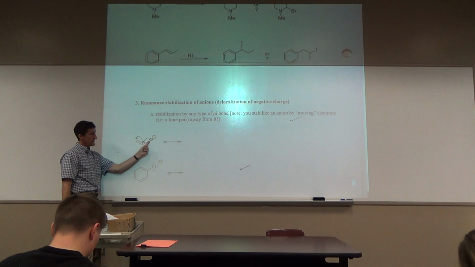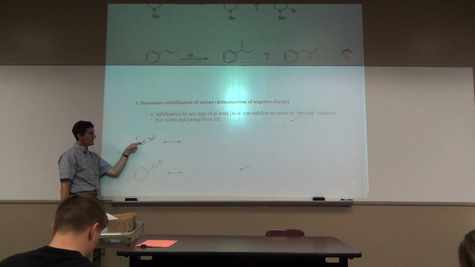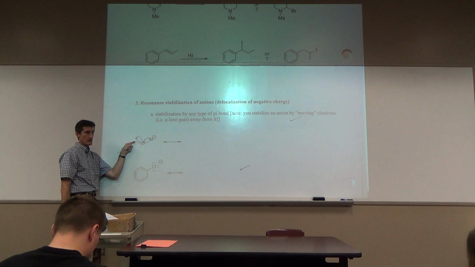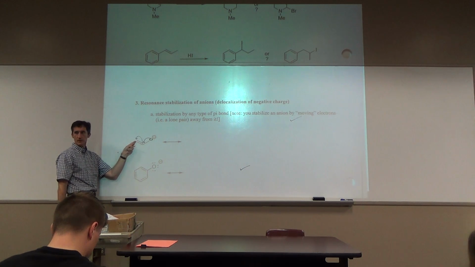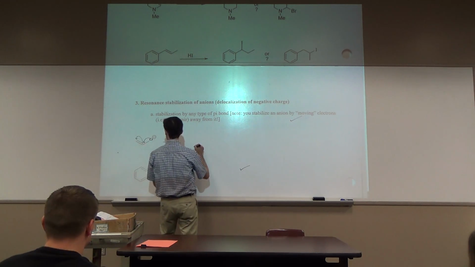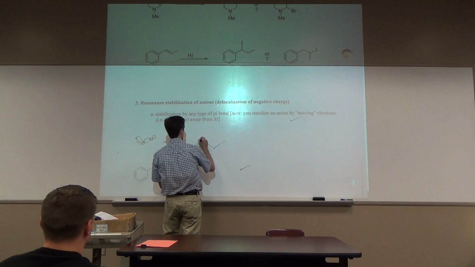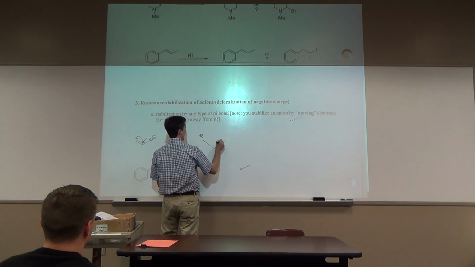Electrons moving in to make a pi bond between these. This pi bond, the electrons are moving out onto carbon. A pi bond consists of 2 electrons. We're moving those 2 both onto carbon. And so that's going to give boom, boom. We now have that and that.